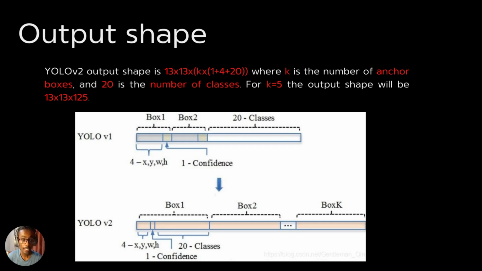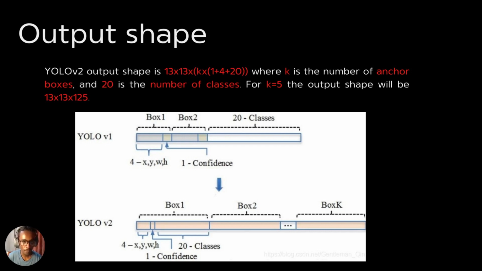But for YOLO v2, we can have a larger number of bounding boxes, and here we considered 5 to be the optimal value, because for k equal to 5, it's optimal as predetermined by the training procedure. And the 4 coordinate values x, y, w, and h, we're going to use those values from bx, by, bw, and bh.